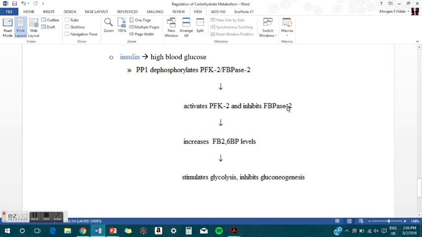This is going to in turn increase the fructose 2,6-bisphosphate levels, which is going to stimulate glycolysis and inhibit gluconeogenesis. This makes sense again because insulin is telling you that you have high blood glucose, so you're not going to want to make more with gluconeogenesis, but you're going to want to stimulate glycolysis to break that down.